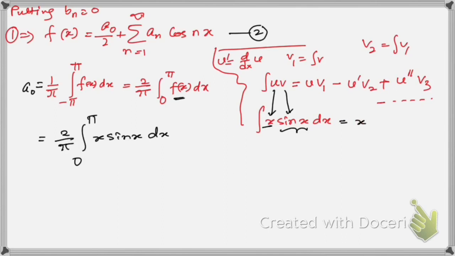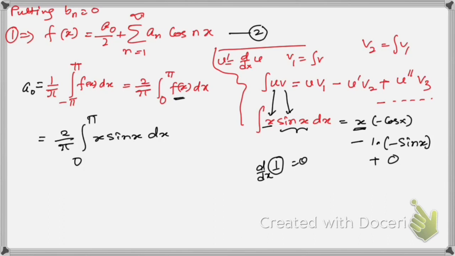u, that is x, integration of sin x is minus cos x, right? Then minus derivative of x, that's going to be 1, then integration of v1, that is integration of minus cos x, that's going to be minus sin x, right? The next term will be second order derivative of x. First order derivative of x is 1, then again if you differentiate it, it's going to be 0.